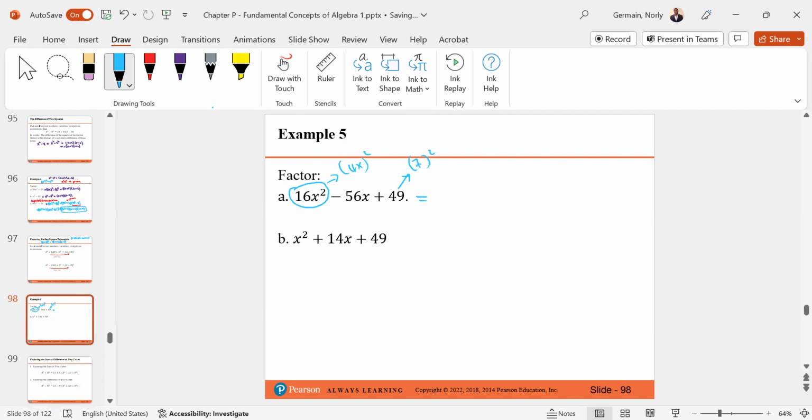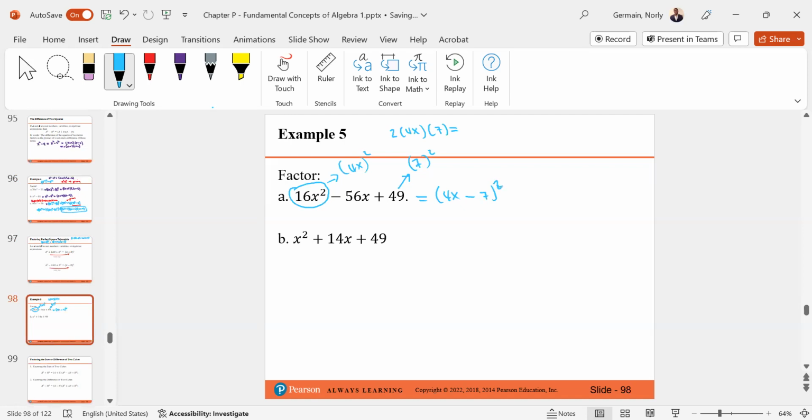If I multiply these two by 2, so if I do 2 times 4x times 7, if it gives me the term in the middle, then I would factor it as 4x minus 7 to the power 2. But I need to verify first. If 2 times 4x times 7 gives me 56x, I see 2 times 4 is 8, 8 times 7 is 56. Yes, so that's correct.